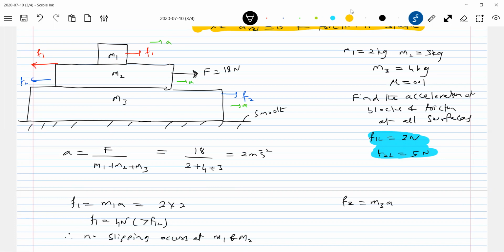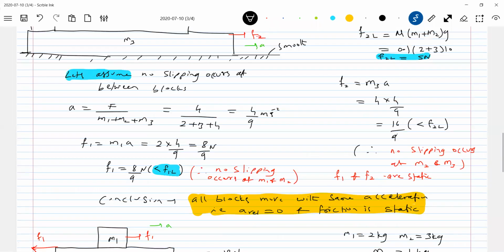So what is the conclusion? Slipping occurs at M1, M2. Therefore, next F2 equals M3 into A. M3 is 4 kg, no?